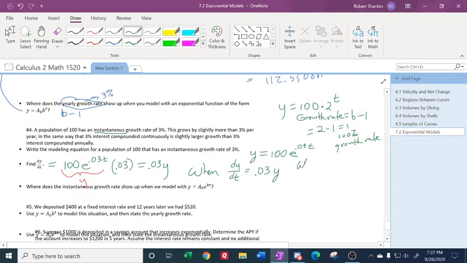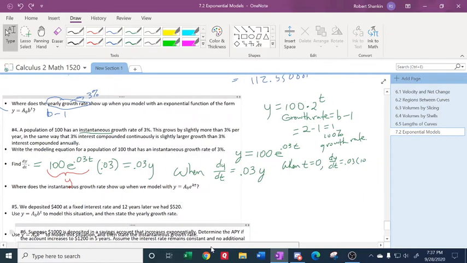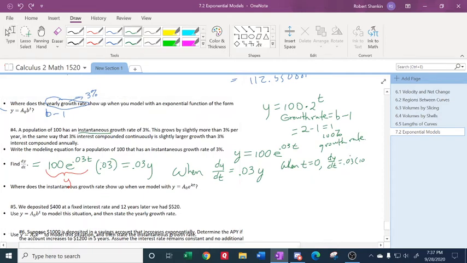So when t is equal to 0, dy/dt equals 0.03 times 100, which is equal to 3.